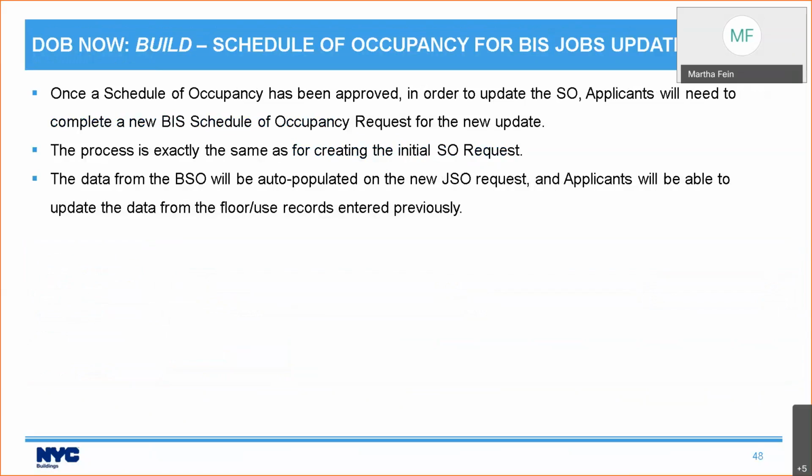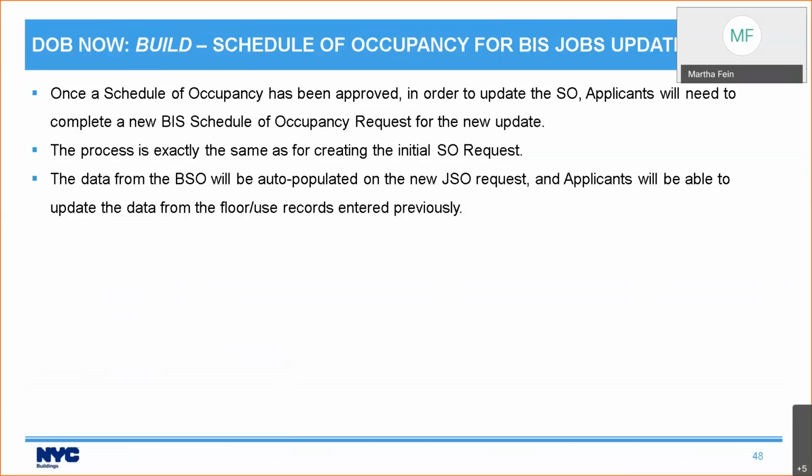Now, let's say you submit your schedule of occupancy, and then before you can request the certificate of occupancy, something has changed. Let's say you have been asked to add scope to your job. In order to update a schedule of occupancy, you're going to do the exact same process.